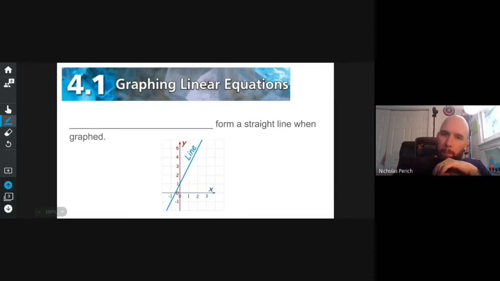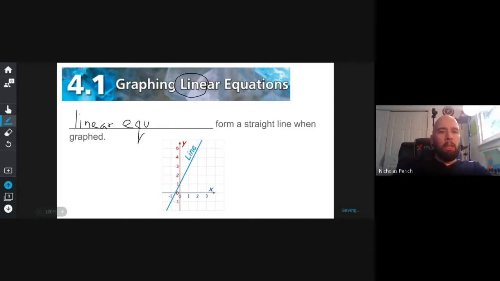4.1, graphing linear equations. Look at that word, linear. See that keyword there? Line. Linear equations. That's supposed to be a Q. Linear equations form straight lines when you graph them.